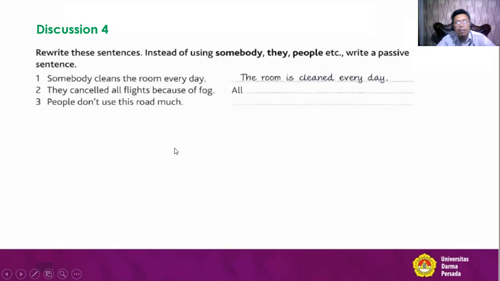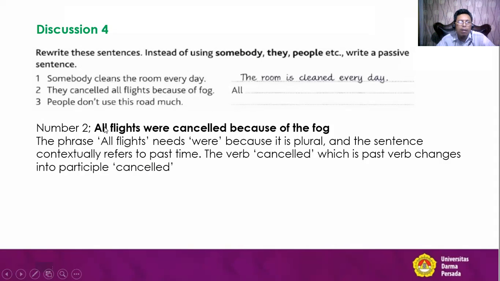Now let's see. Compare your answers with mine. Number two. All flights were cancelled because of the fog. Do we have the combination of to be and participle? Yes, were and then cancelled. The phrase all flights needs were because it is plural.